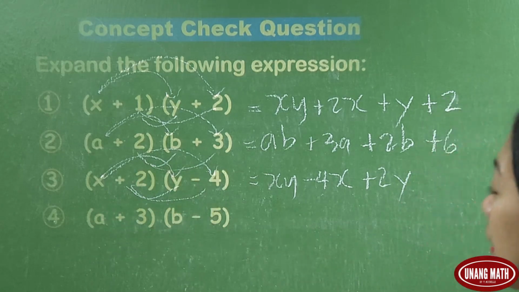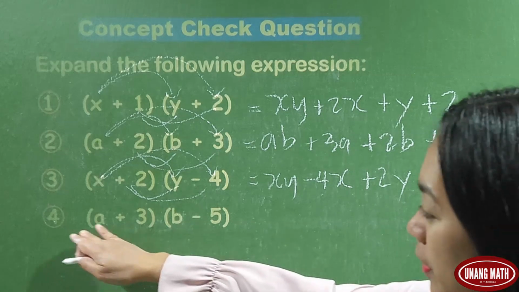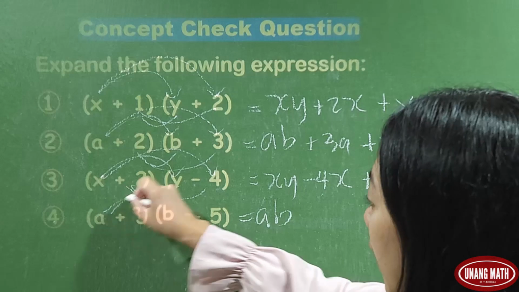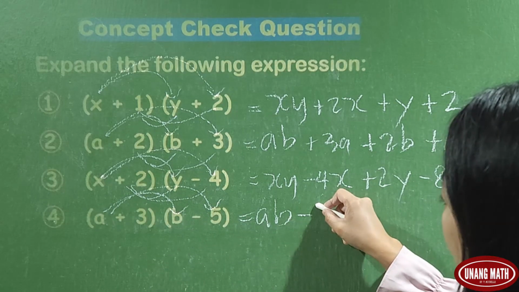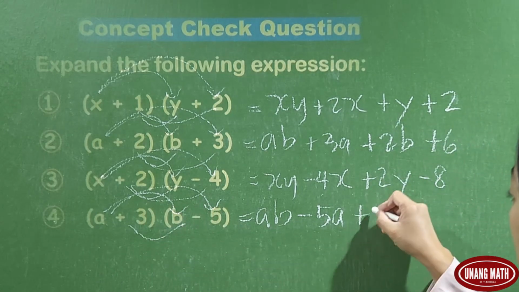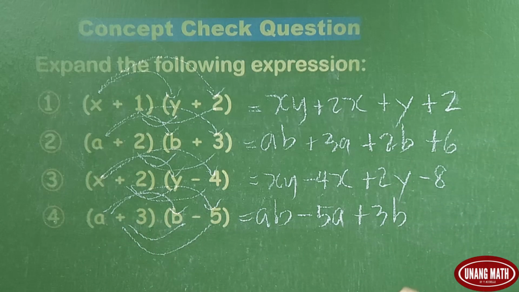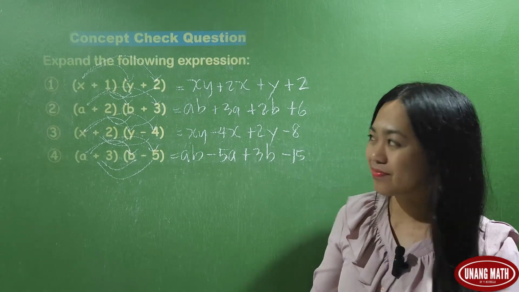And 2 times negative 4 is negative 8, so minus 8. And for number 4, a times b, so ab. A times negative 5 would be negative 5a, so minus 5a. 3 times b is 3b, so plus 3b. And 3 times negative 5 is negative 15, so minus 15.